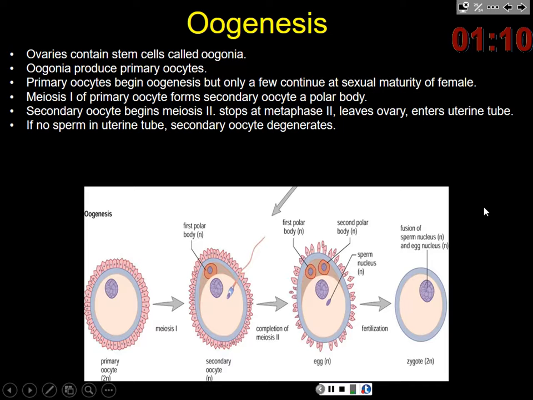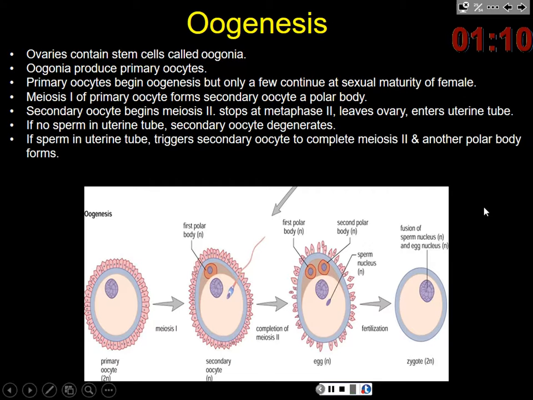That triggers this secondary oocyte to undergo meiosis II, because remember, we're not finished. We stopped at metaphase II. So the presence of that sperm triggers that secondary oocyte to complete meiosis II.